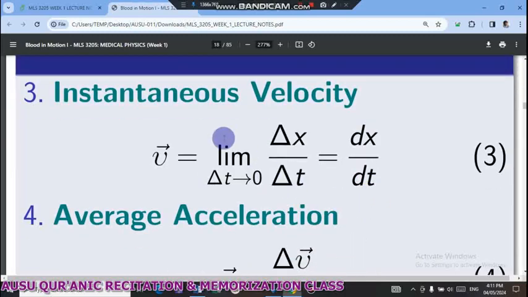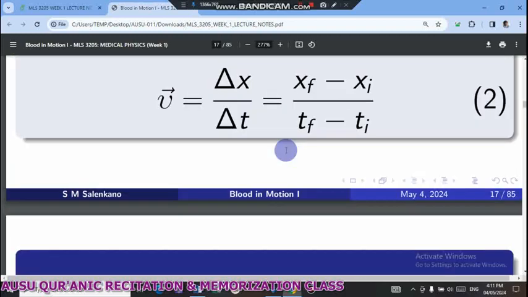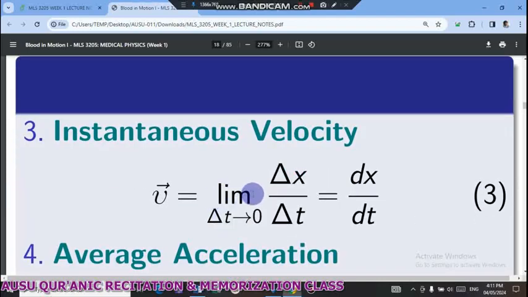Then instantaneous velocity, meaning the velocity at any given instant, is the limiting value of the average velocity. If you look at this expression, it is for the average velocity. So if you get the limiting value of this average velocity as delta t tends to 0, this is what we call dx/dt, meaning the first derivative of displacement with respect to time will give you instantaneous velocity.